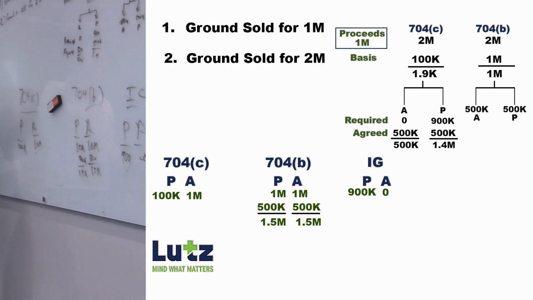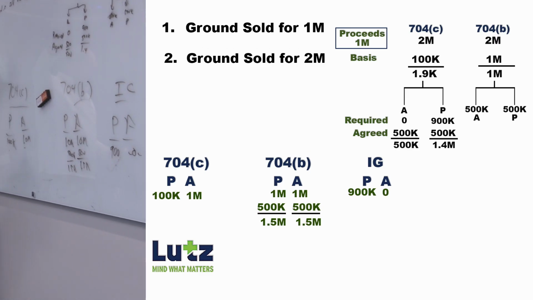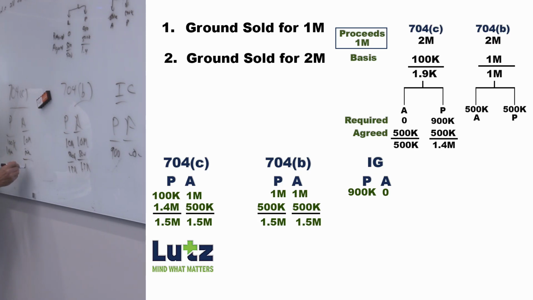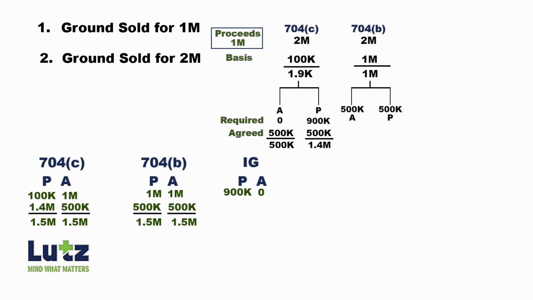Okay. How much 704C income goes to Pete? 1.4 million. How much goes to Aaron? 500. I see. Okay. So this concept, which is hard to wrap your head around, and part of what I'm driving at here is, well, in this case, it was 10,000, which appreciated to 20.